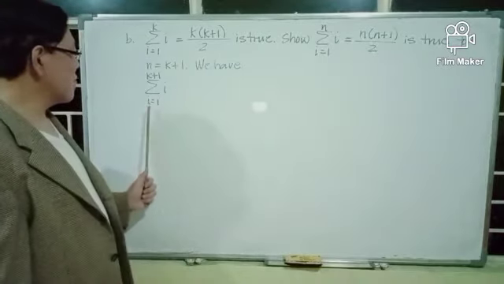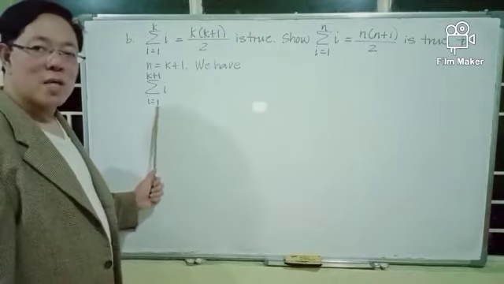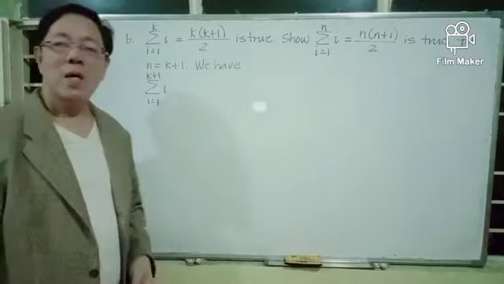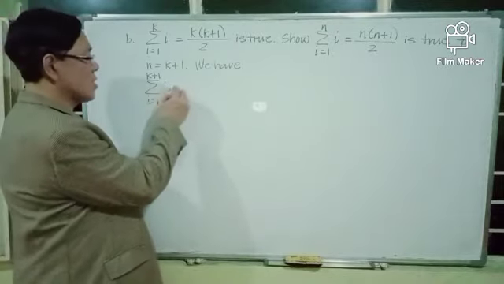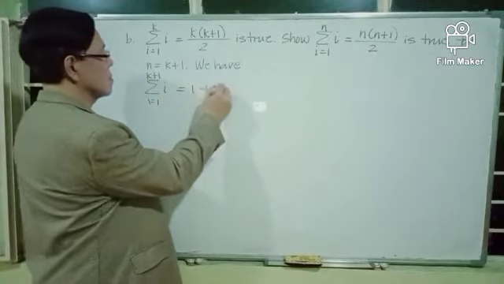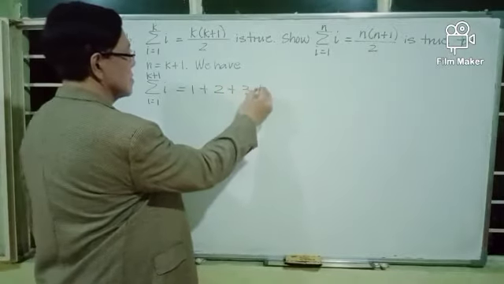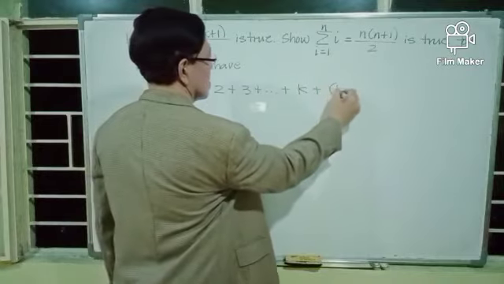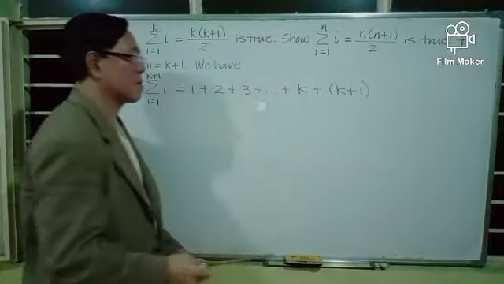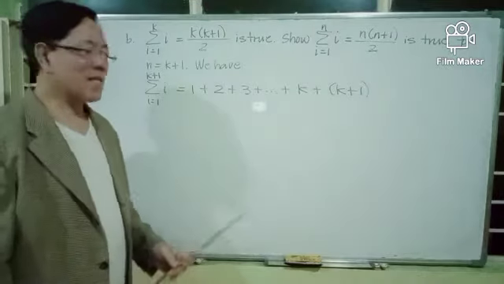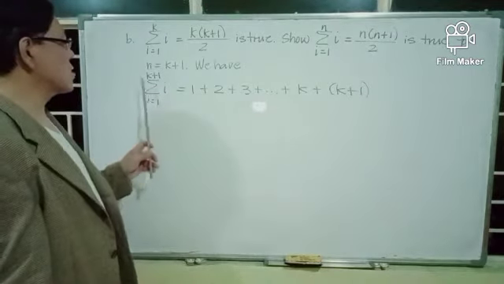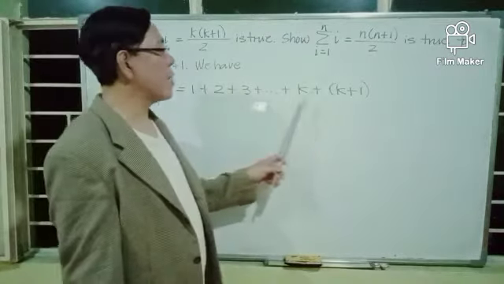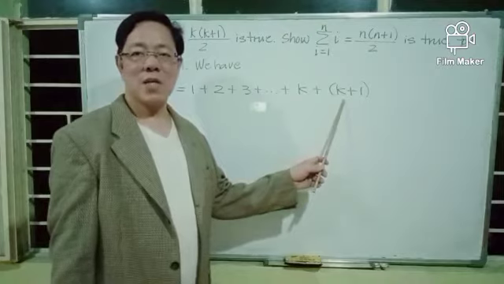The summation of i for i equals 1 to k plus 1 means the sum of the integers from 1 up to k plus 1. If we write the expansion, it is equal to the sum of the integers 1, 2, 3, plus up to the last integer, k plus 1.